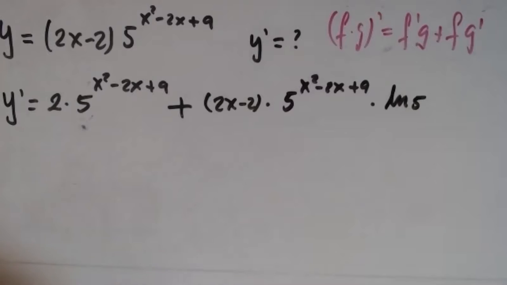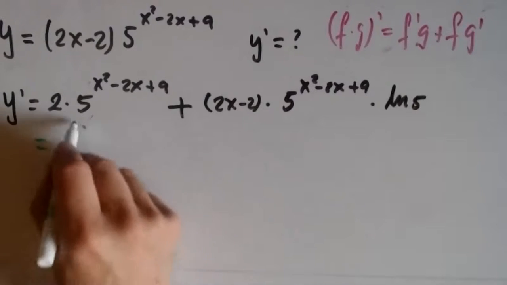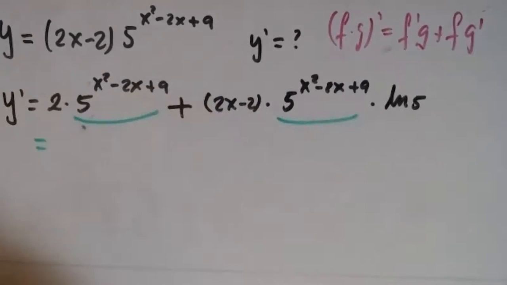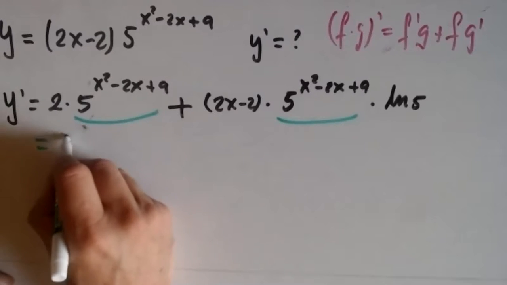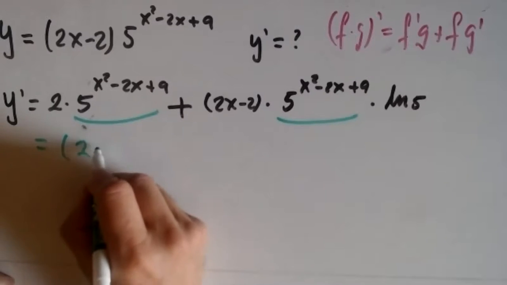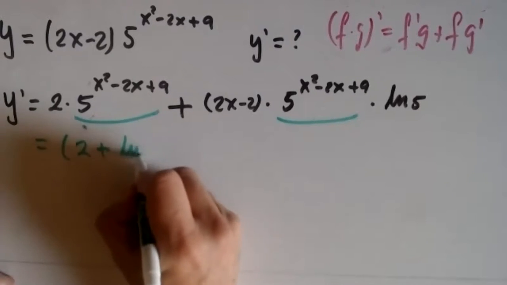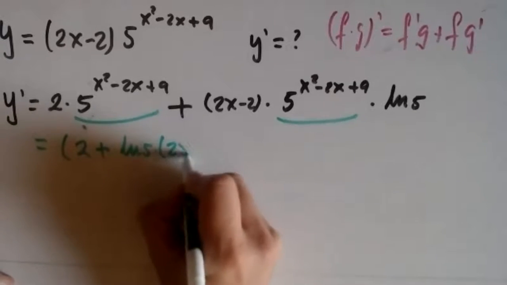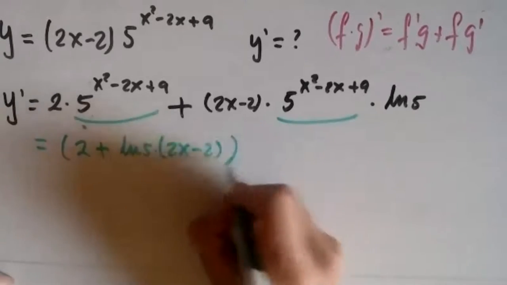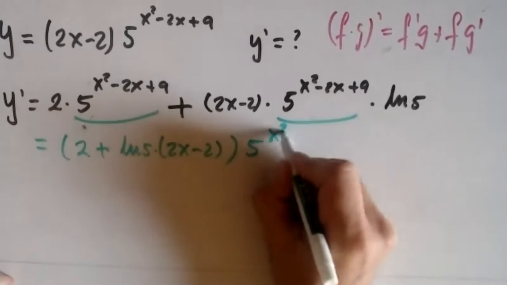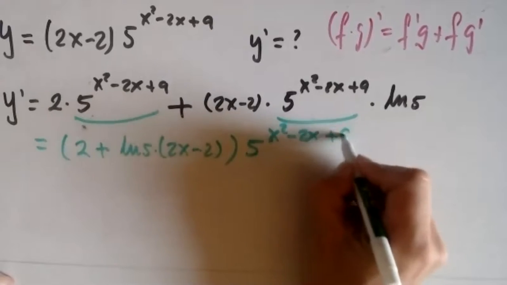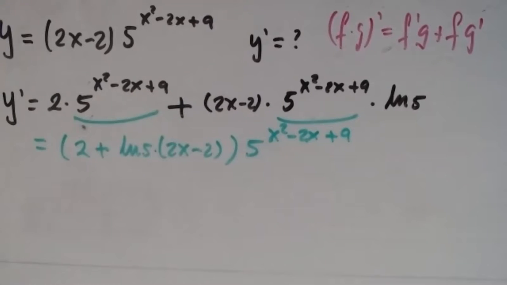Now, the algebra you can do, if necessary: you have this repeated, so you can factor, so you can have parentheses 2 plus ln 5 times (2x minus 2) parentheses, 5 to the x squared minus 2x plus 9.